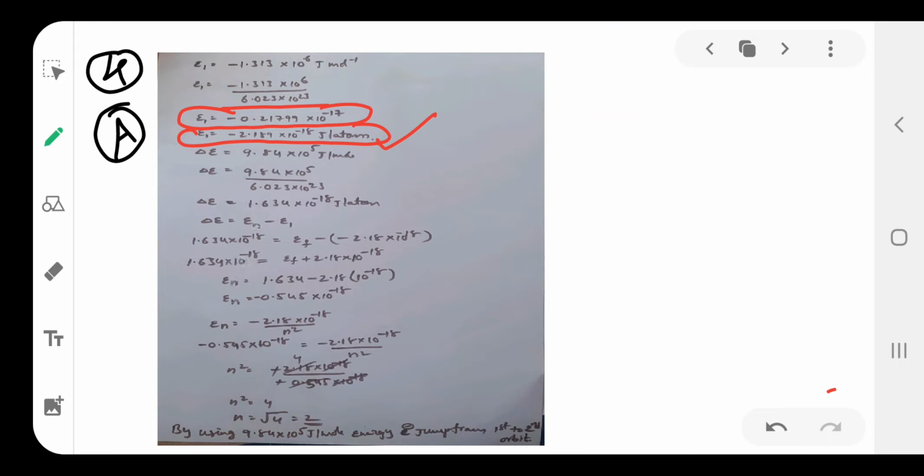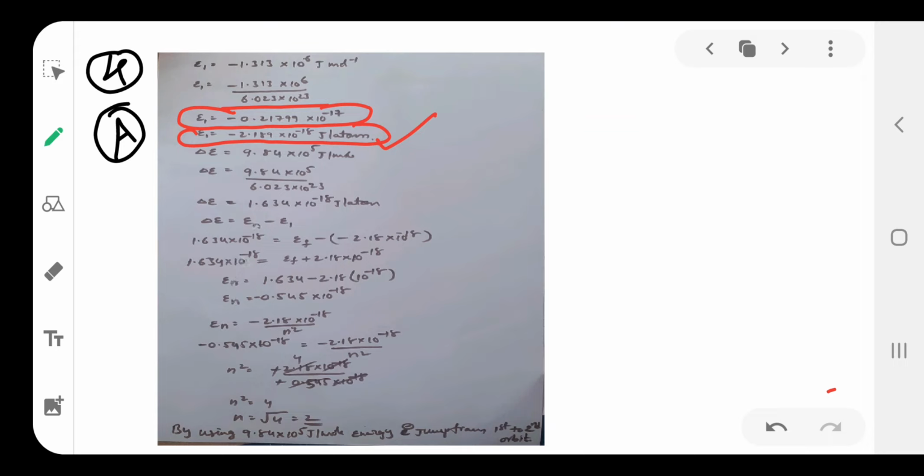Here, 9.84 into 10 power 5 divided by 6.023 into 10 power 23. This is the total energy per 1 mole, which is changed to joule per atom.